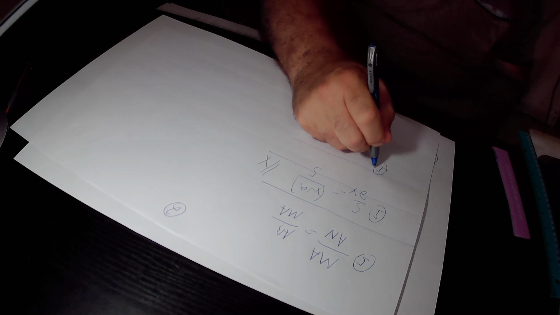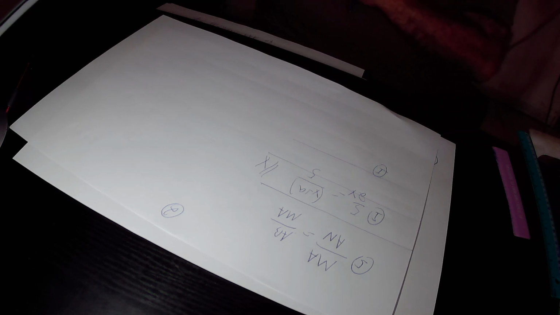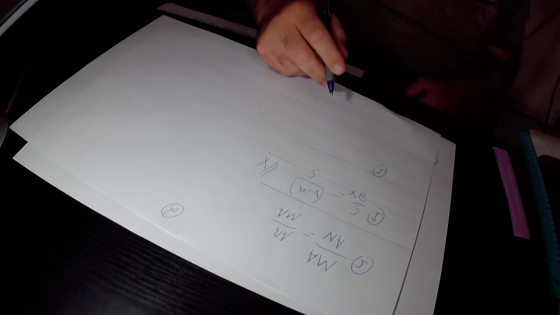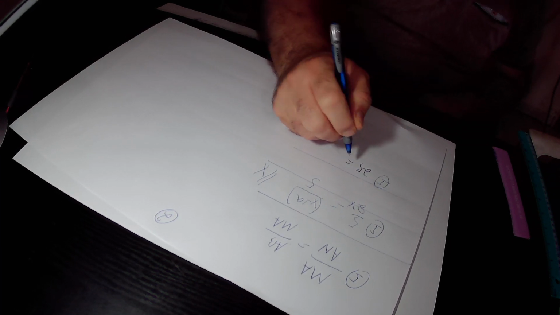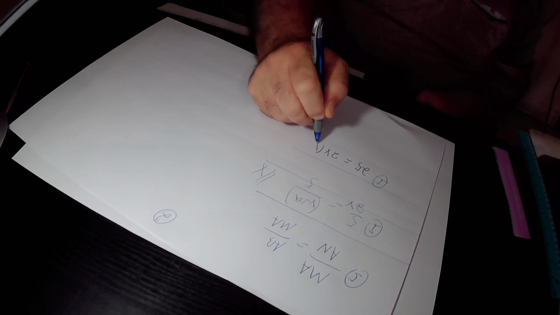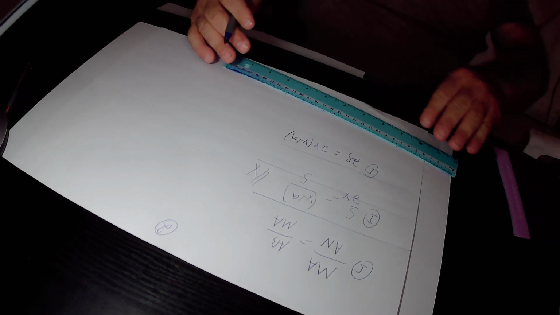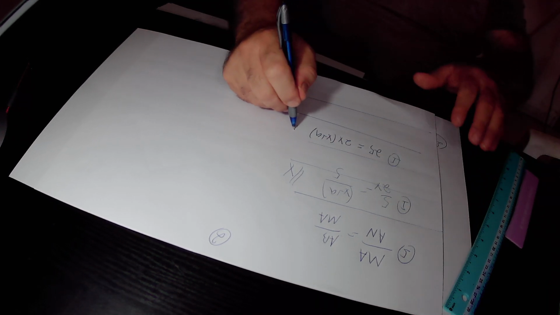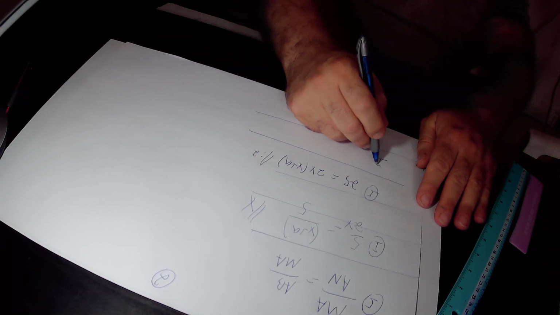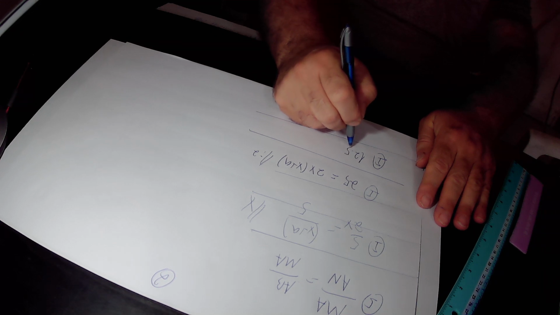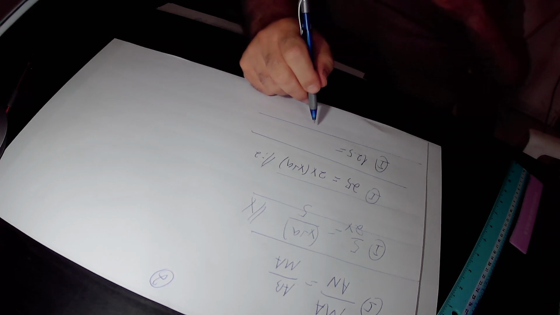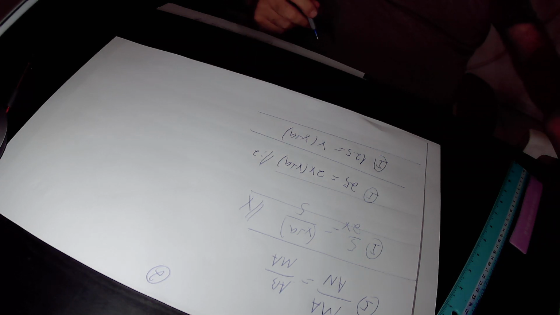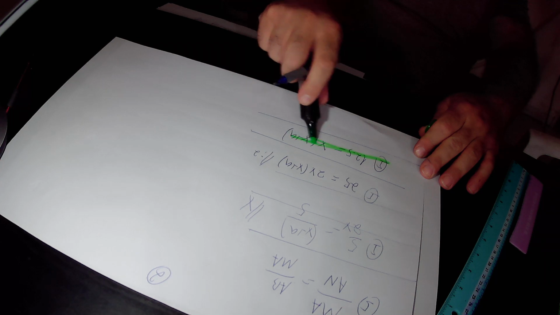And finally we get that 5 times 5 is 25, and it is equal to 2x times x plus A. So here we divide equation 1 by 2, and we get that 25 over 2 is 12.5, and it is equal to 2x over 2 is x, so in total this expression equals x times x plus A. So in total, according to equation 1, we found out that x times x plus A equals 12.5.